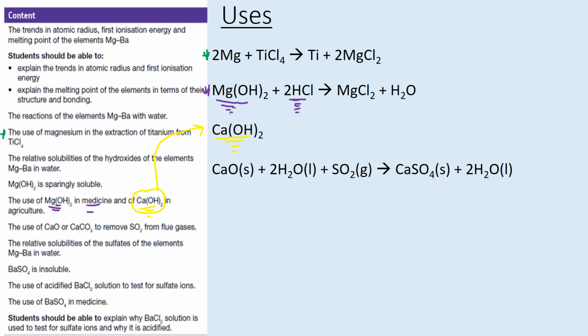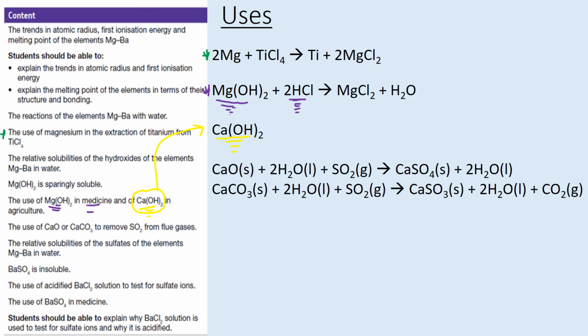Moving on, we've now got two equations here for the use of CaO or CaCO3. They are used to remove SO2 from flue gases. Now what this means is sulfur dioxide is quite often a pollutant, or sulfur is a pollutant in fossil fuels.